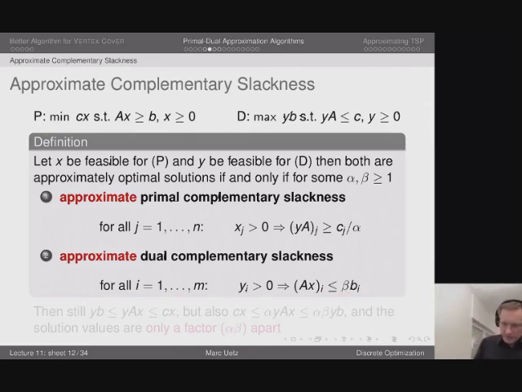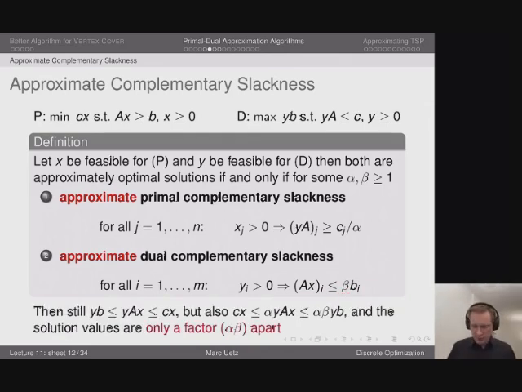And then if we have two such solutions which are fulfilling these approximate versions of complementary slackness, then I of course still have weak duality, because I simply have feasible solutions for both primal and dual, but now I also get inequalities in the other direction. Well, not exactly inequalities in the other direction, inequalities up to these two constants, alpha and beta, right?